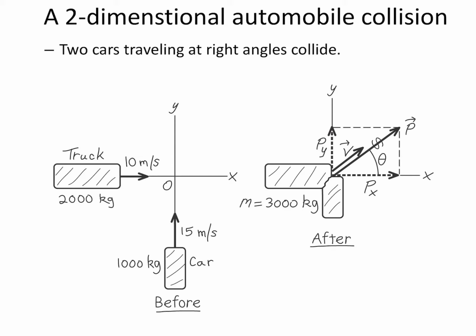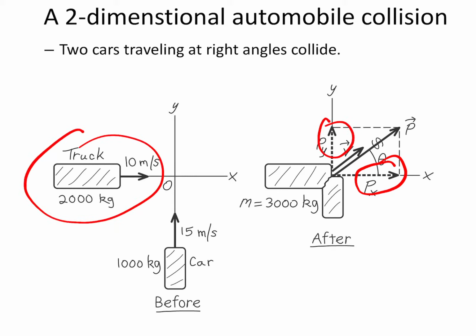So this is one example. If you have 2 cars collide, the momentum in x direction would equal the initial momentum. Momentum in y direction after this collision would equal the initial momentum in y direction.